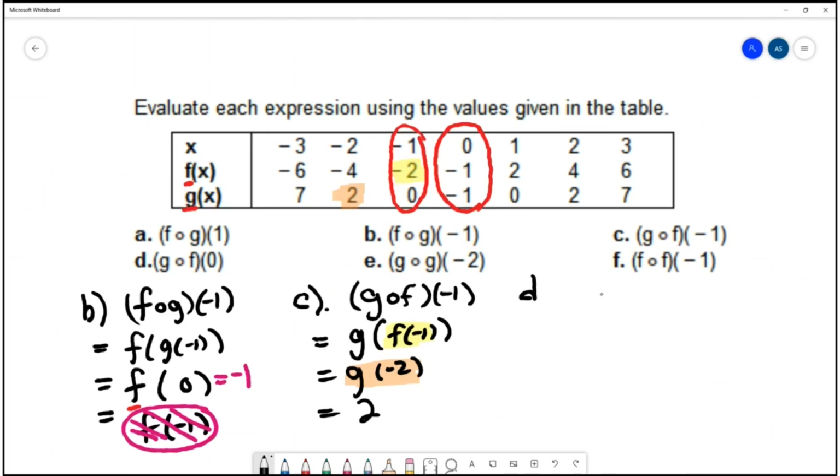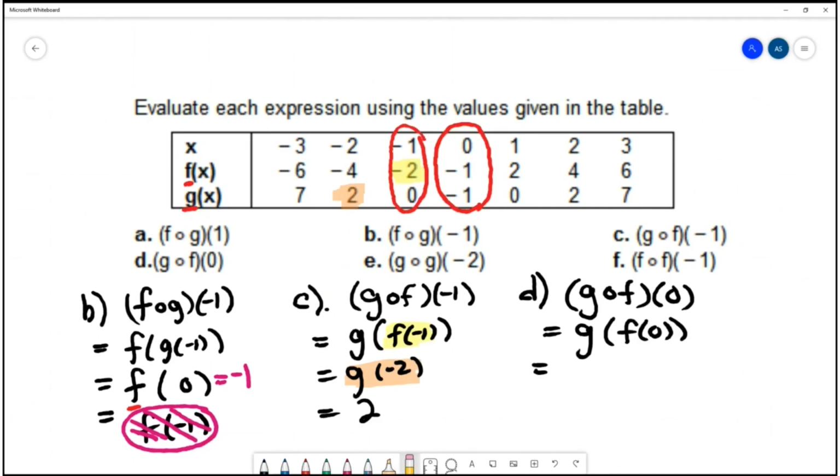Okay, so part D, I want to find g composed with f of 0. This is g of f of 0. I'm going to erase a few of my markings here. Let's find f of 0.